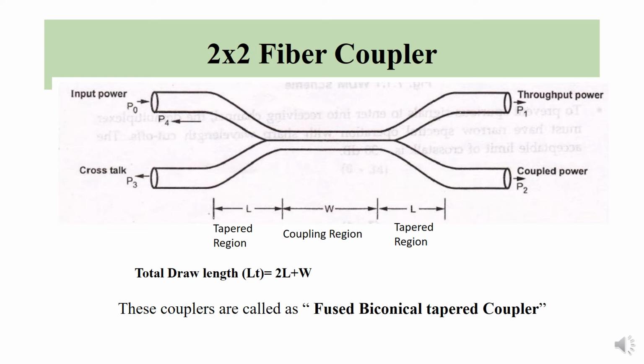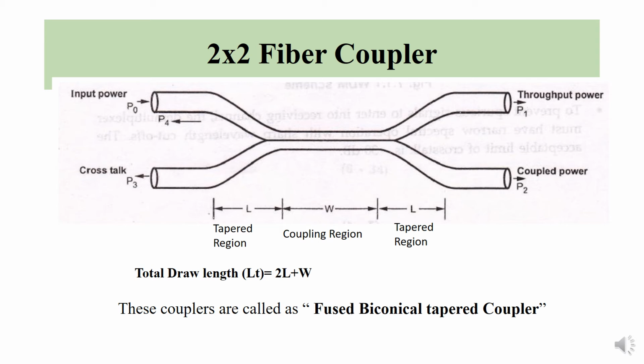The fabrication process is very simple, and this figure shows a 2x2 fiber coupler, constructed by twisting together, melting and pulling two single mode fibers so that they get fused together over a uniform section of length W. This W length is what we call the coupling region, where energy is transferred from one fiber to another fiber. We also have a tapering region shown on either side of the coupling region, represented by L.